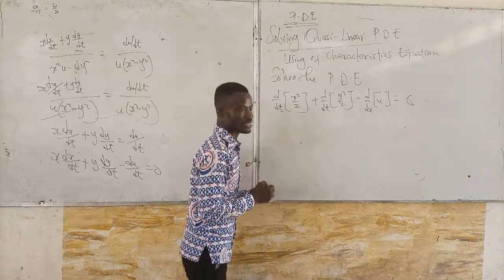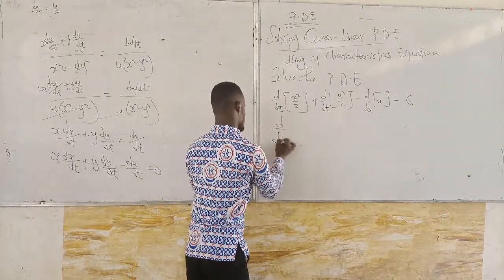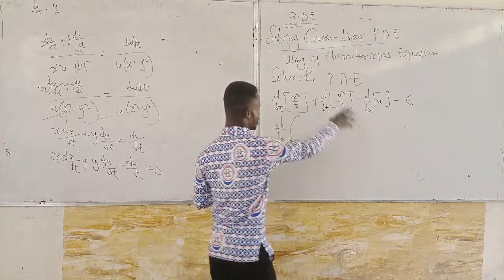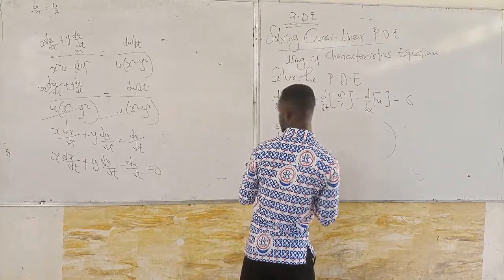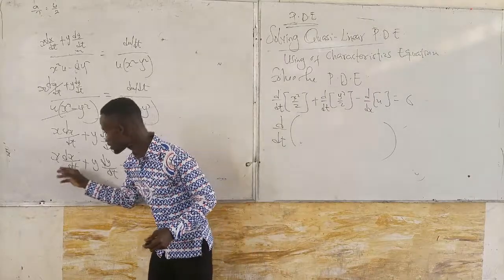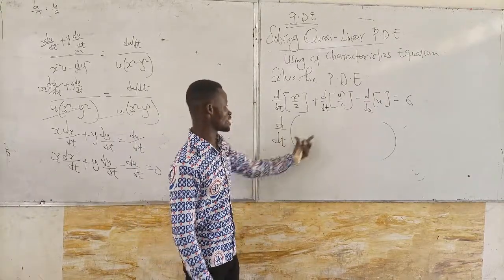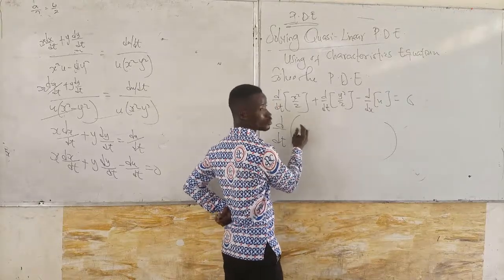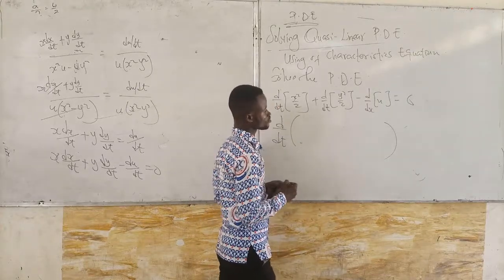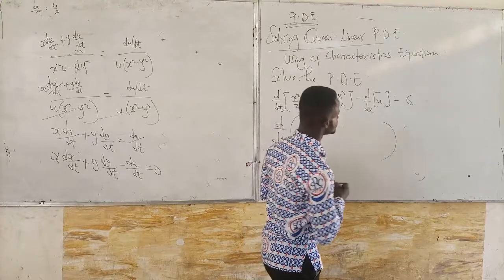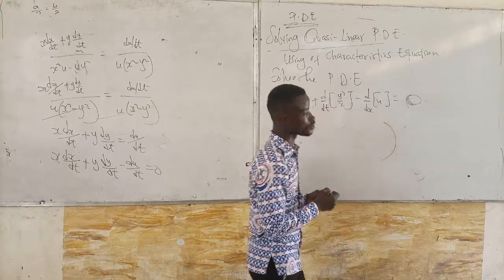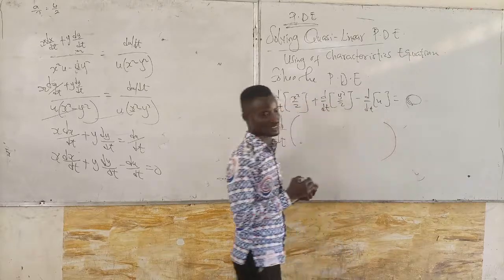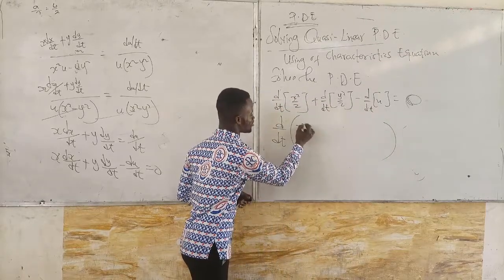So what we simply mean is that the whole of this is a derivative function. Now we are integrating to get a function back. So now we have the function back. Take your time.